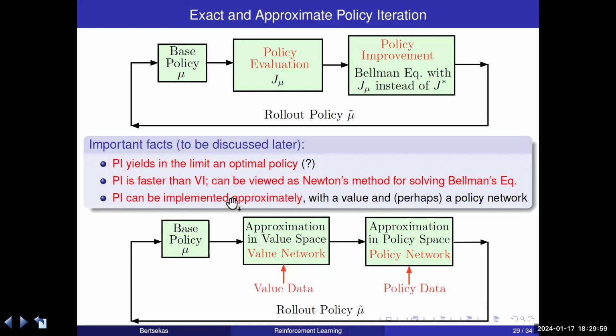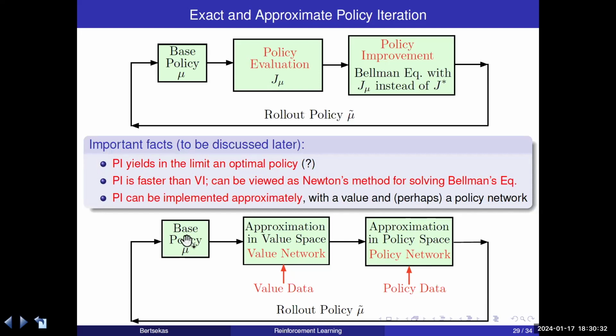A factor of interest in reinforcement learning is that policy iteration can be implemented approximately. It's one of the most fundamental methods in reinforcement learning, approximate policy iteration. The way you do that is by approximating these 2 steps with some kind of neural network, typically, a value and possibly a policy network. This is the type of algorithm that's being used in AlphaZero, TD-Gammon, and many, many other contexts.